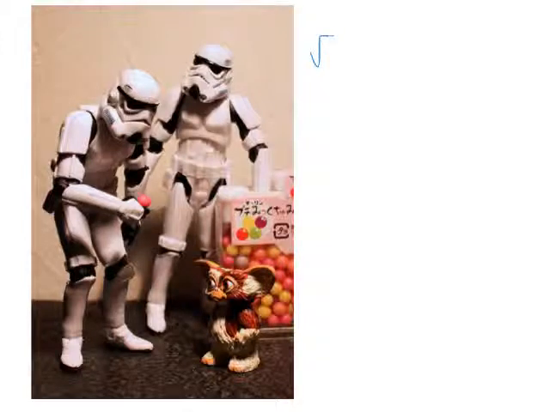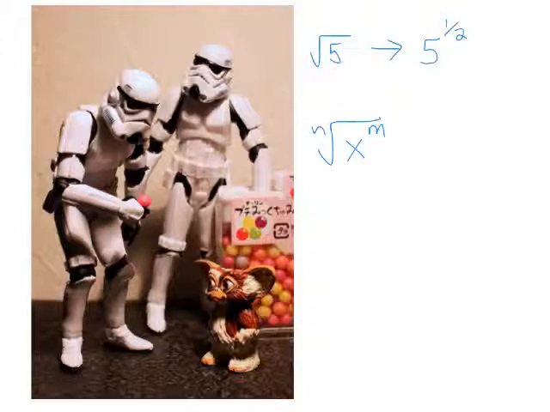If you have the square root of a number, say the square root of 5, that can be rewritten with rational exponents. It's 5 to the 1/2. And if you want to be more generic, if you have the nth root of some variable to the power of m, you could rewrite it such that the index is your denominator, and then the power is your numerator.